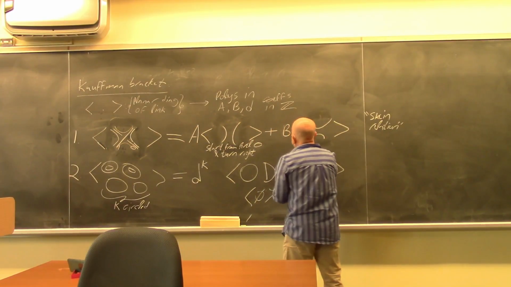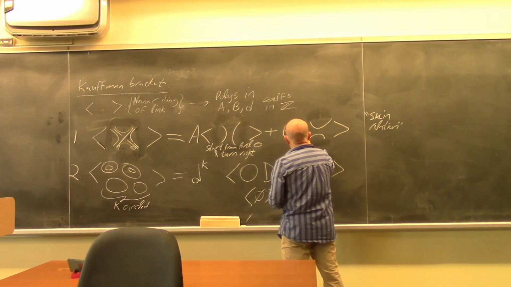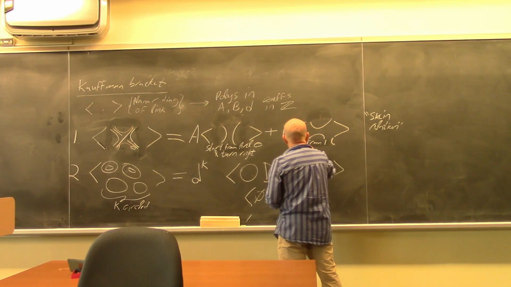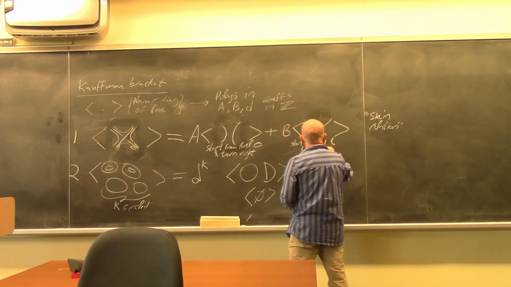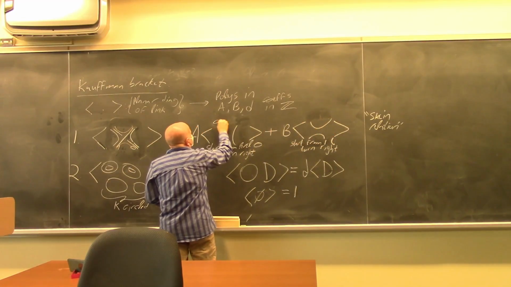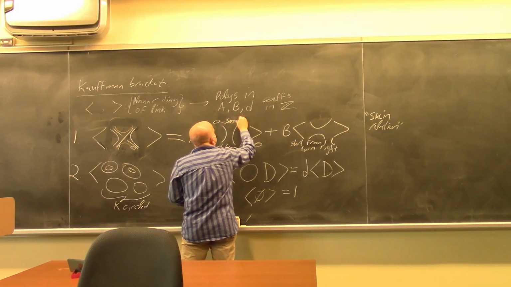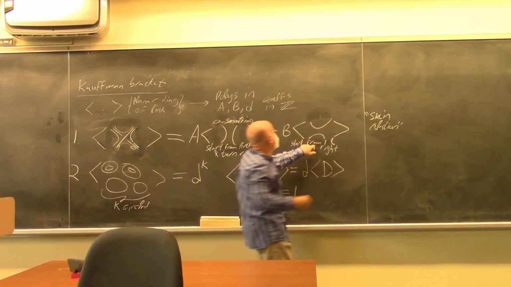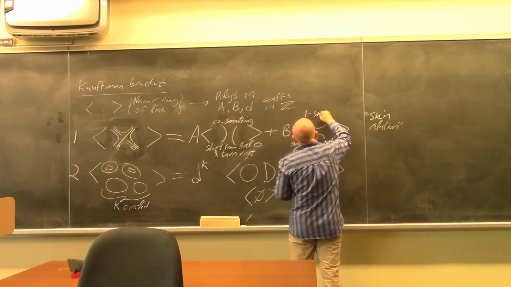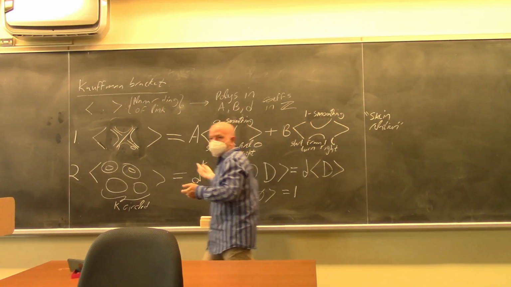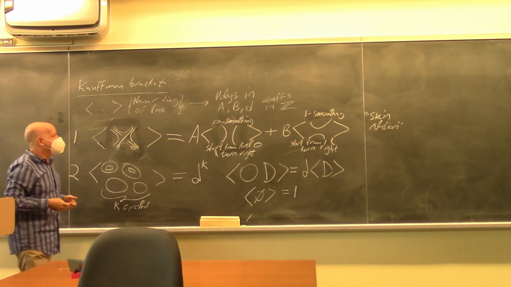So this is start from 1 and turn right. And this is sometimes called the zero smoothing of a crossing. And this is sometimes called the one smoothing of a crossing. Well, you smooth the crossing by these rules.